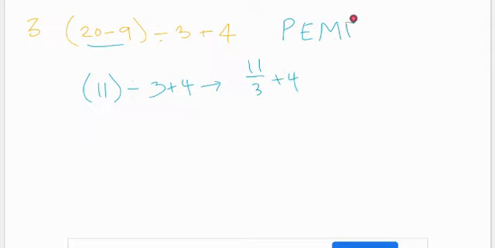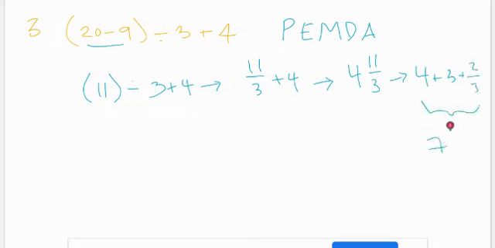Solve for division. Now we're moving on to addition. So we can leave this as a mixed number, or we can solve for plus: this would be 9/3 plus 2/3, 9/3 is 3, and this would be 7 2/3.